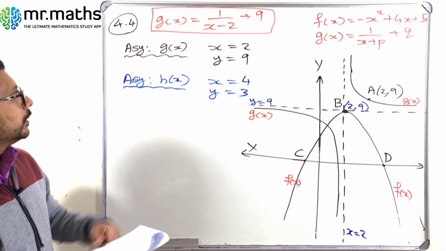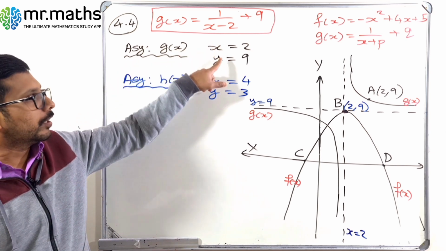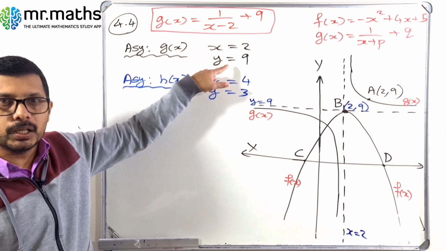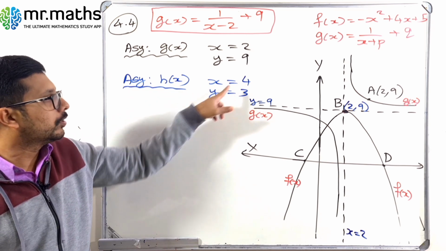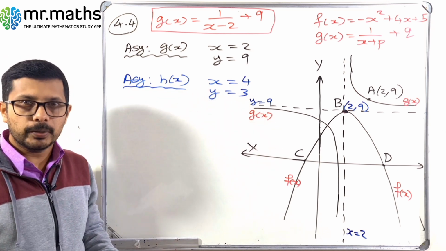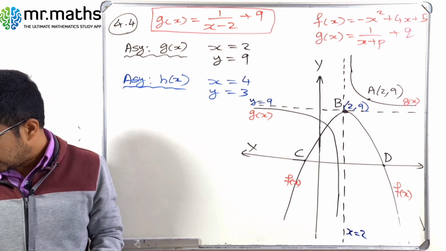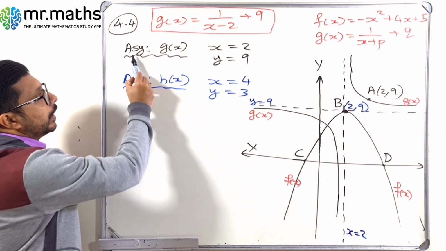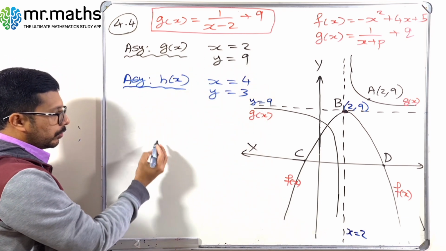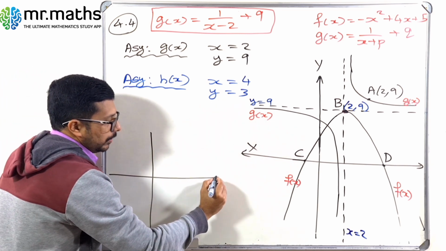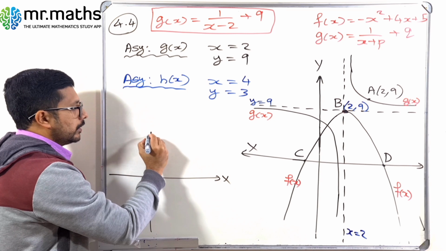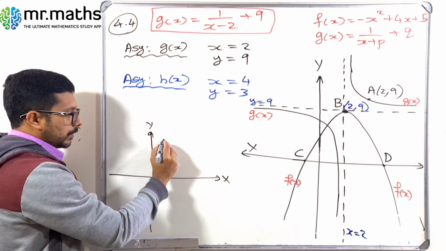So this is the asymptote of the g of x graph, and this one is the asymptote of the h of x graph. Okay, so now try to understand like this. Let me try to draw that graph here once more, the same graph. Okay, this is the x-axis and this one is the y-axis.